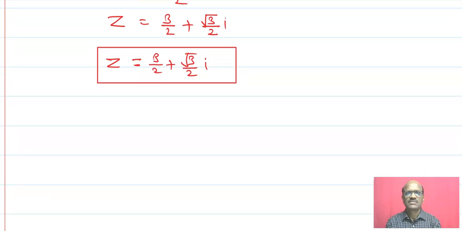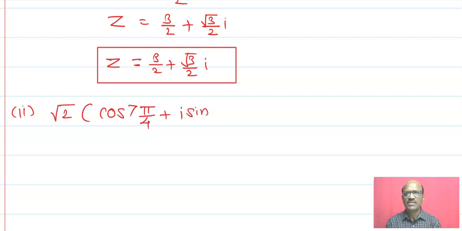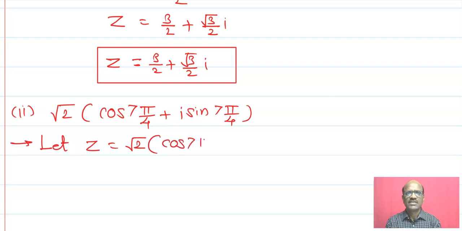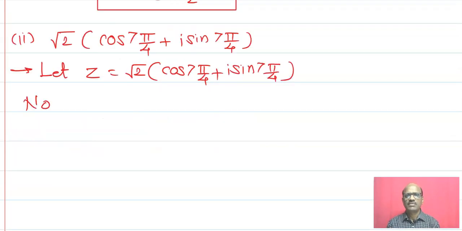Next, second example: z equals root 3 in bracket cos of 7 pi by 4 plus I times sin of 7 pi by 4.